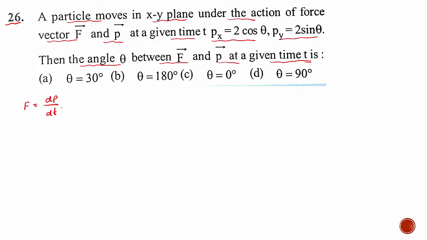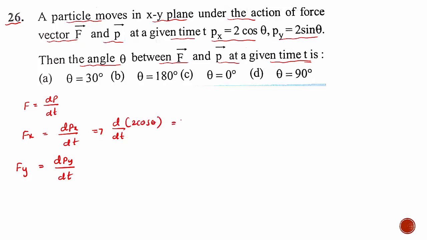The rate of change of linear momentum is called force. So we can write for the x direction Fx equal to dpx divided by dt, and for the y direction Fy equal to dpy divided by dt. Right? So now Fx equal to d by dt of px, whose value is given as 2 cos theta.